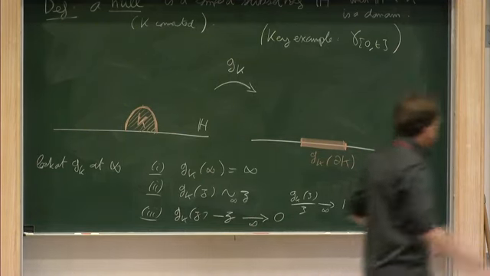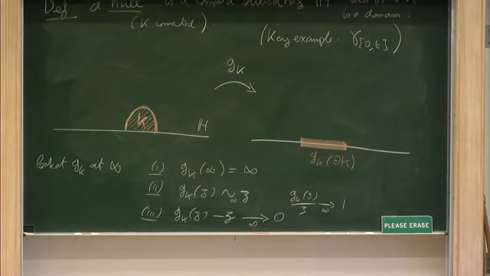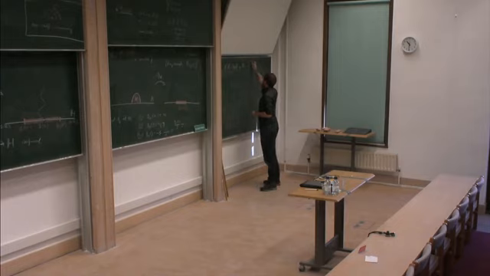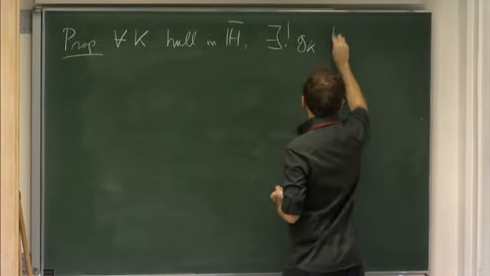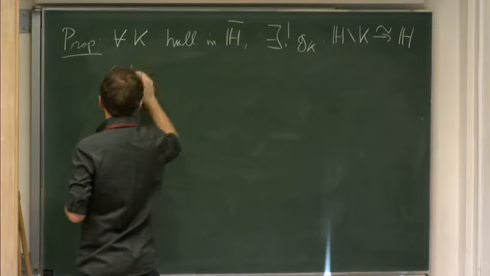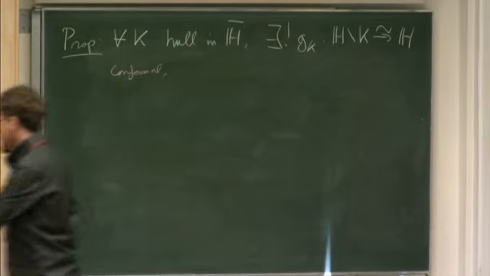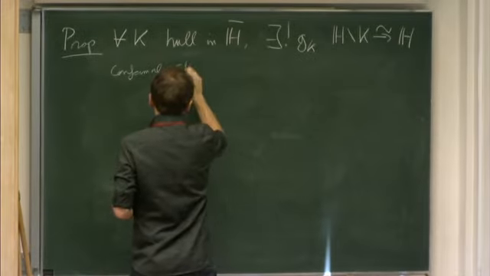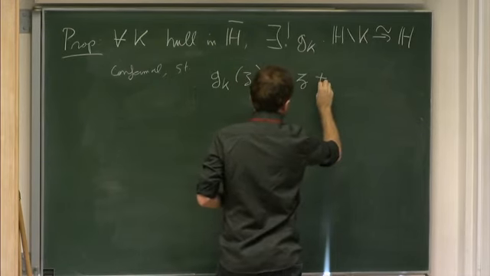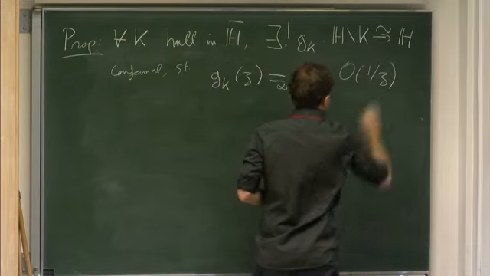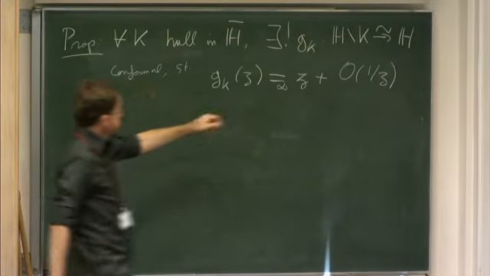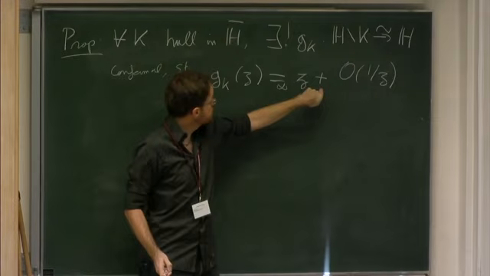So to sum up, here's the proposition. Whenever K is a hull in H bar, there is a unique conformal map, GK, which goes from H minus K back to H, such that GK of Z at infinity has the expansion Z plus something of order 1 over Z. So the first terms of the expansion are the fact that this goes to infinity with speed 1 and with 0 translation.